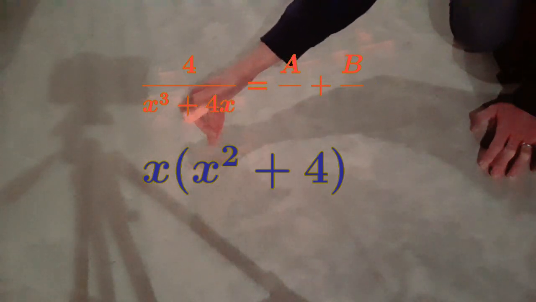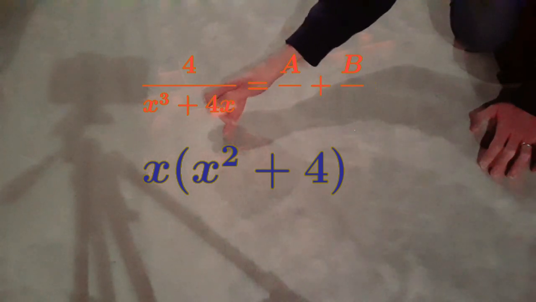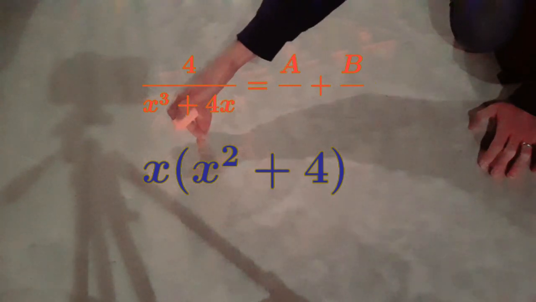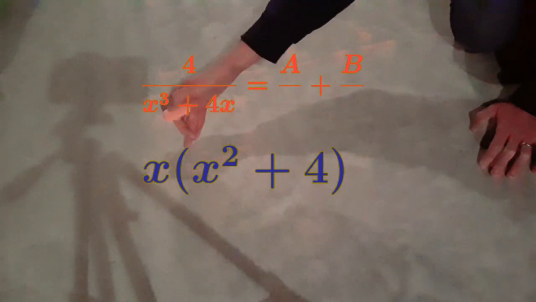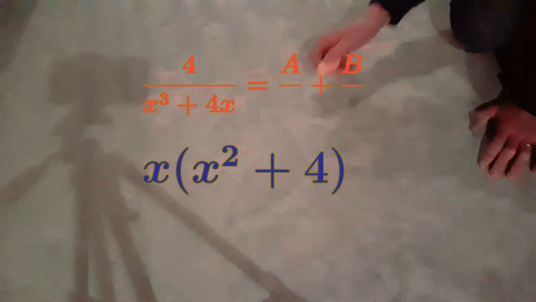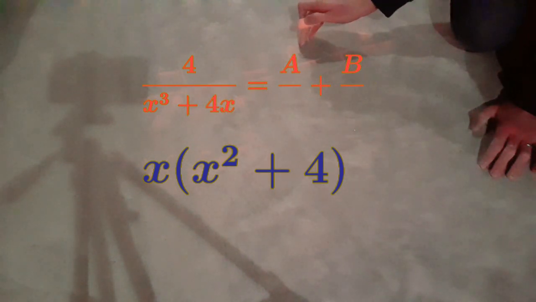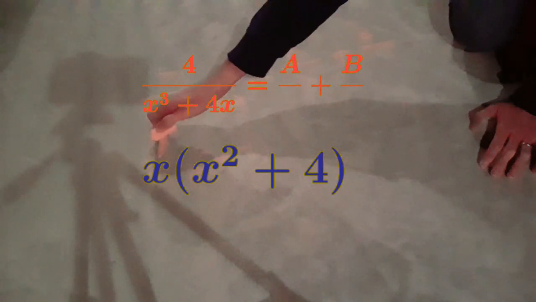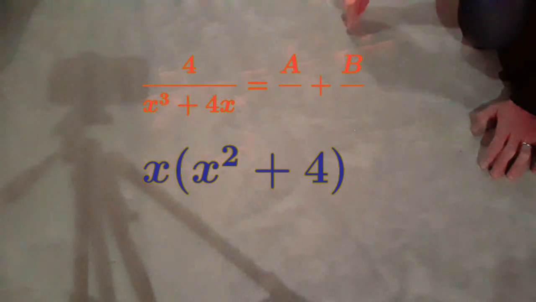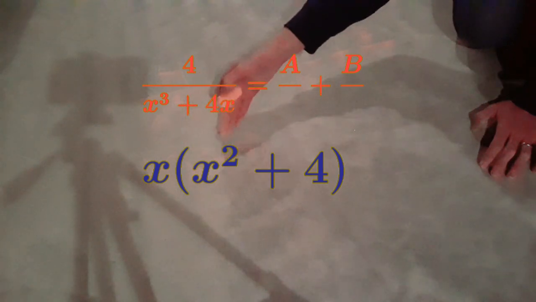If it had been a difference of squares, we have a factoring method for that. Since it's a sum of squares, we don't have a factoring method for that. This essentially is a prime quadratic. It doesn't break down into further pieces. So the denominator of A, we're going to call the x that we have out front, and the denominator of B, we're going to call the x squared plus 4.